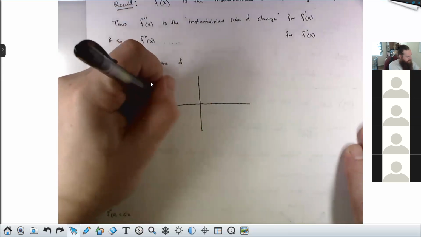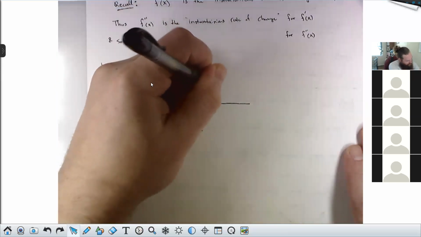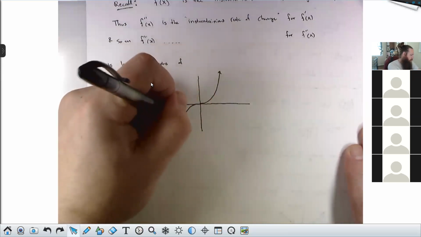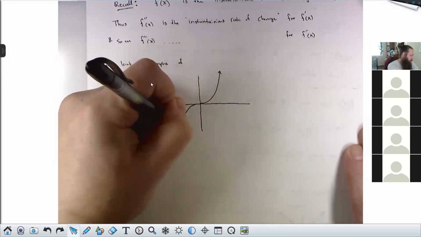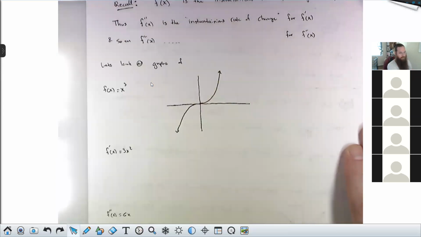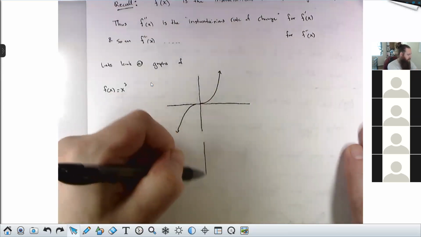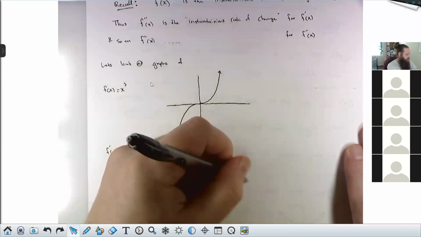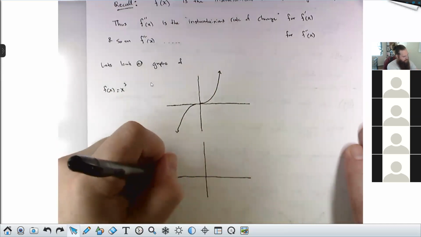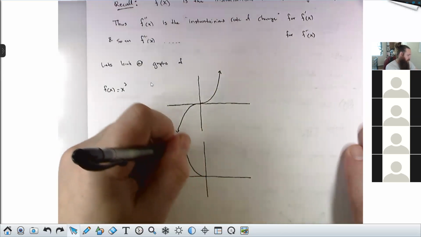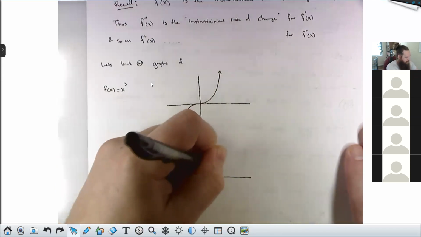All right. So x cubed has a shape like this. 3x squared has a shape like this.